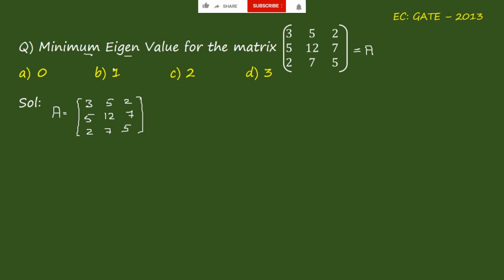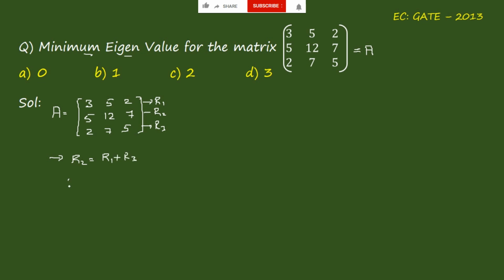We have to find the minimum eigenvalue. If you see properly, this is row 1, this is row 2, and this is row 3. Now we can see that row 2 is equal to row 1 plus row 3.